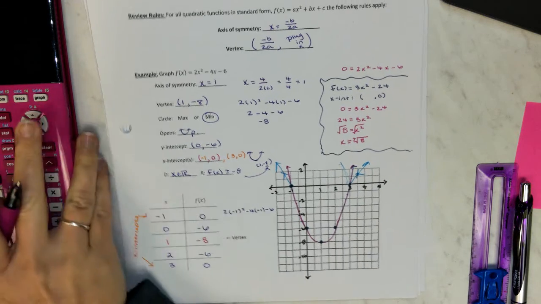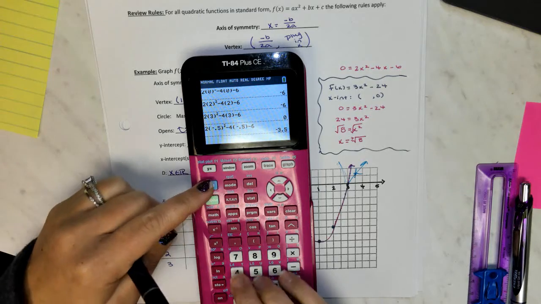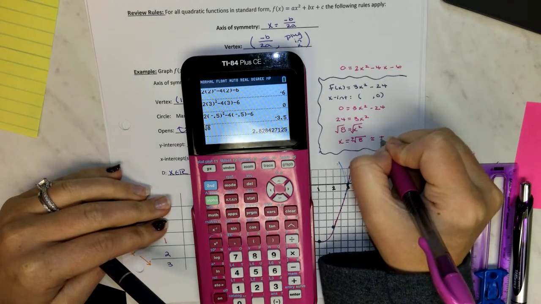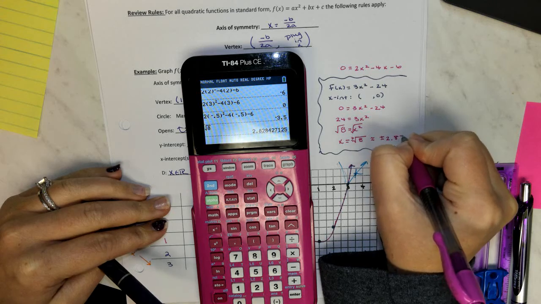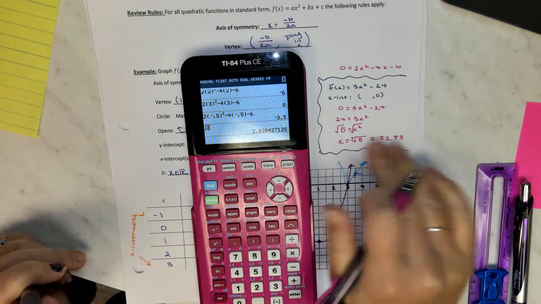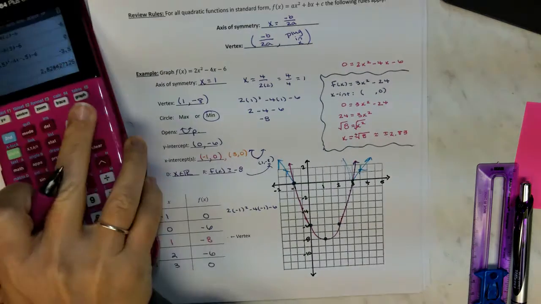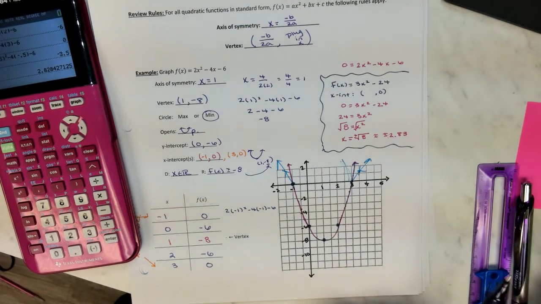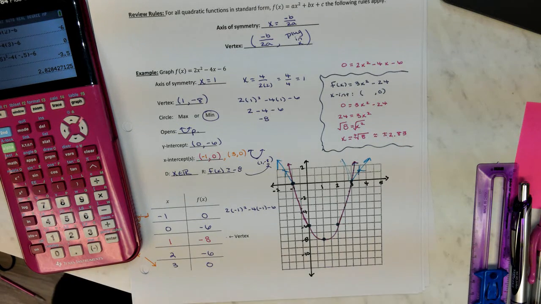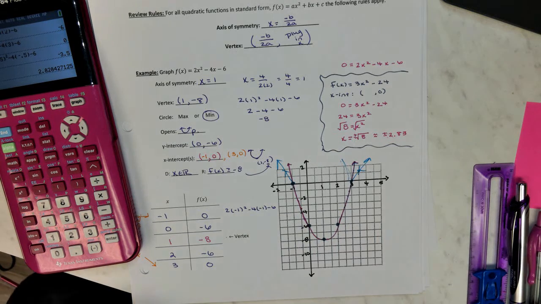Now, if I were to put that into a calculator, I get approximately positive or negative 2.83. Now, I wouldn't ask you to find something like that. I would keep things exact. But I just want you to see that you can solve this. You can find these two intercepts.